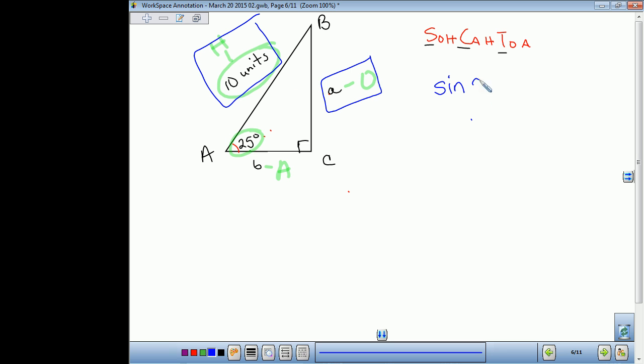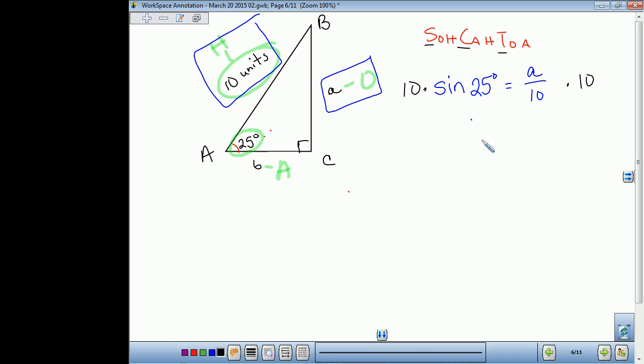So we could set this up. Sine of 25 degrees is equal to the opposite side, A, over the hypotenuse, 10. And simply to solve this, we just multiply both sides by 10. Now, on a standardized test, this might be your answer. 10 times sine of 25.